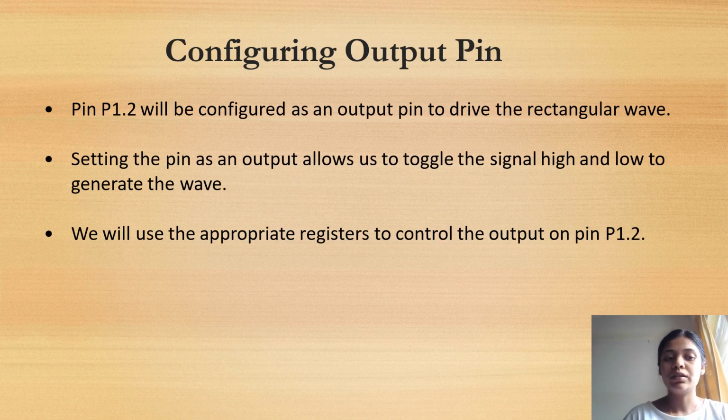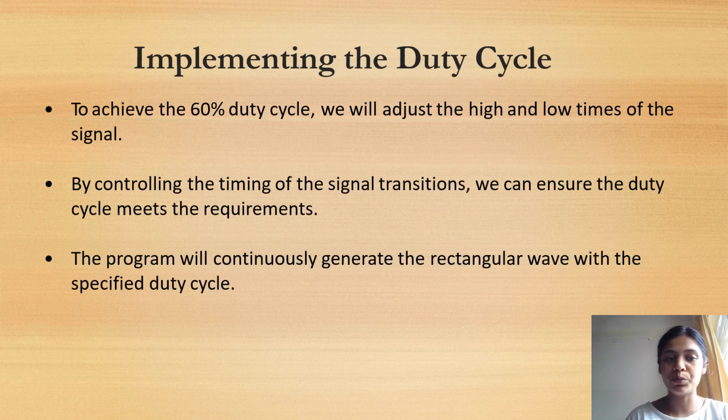Configuring the output pin: pin 1.2 will be configured as an output pin to drive the rectangular wave. Setting the pin as an output allows us to toggle the signal high and low to generate the wave. We will use the appropriate register to control the output of pin 1.2.